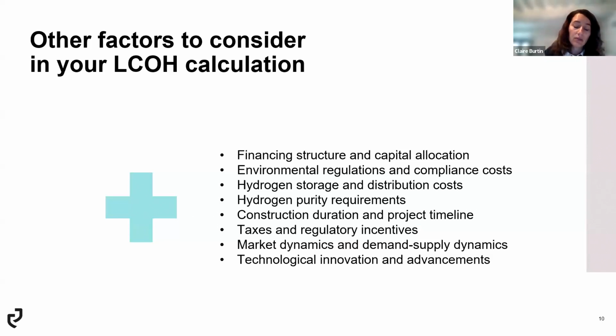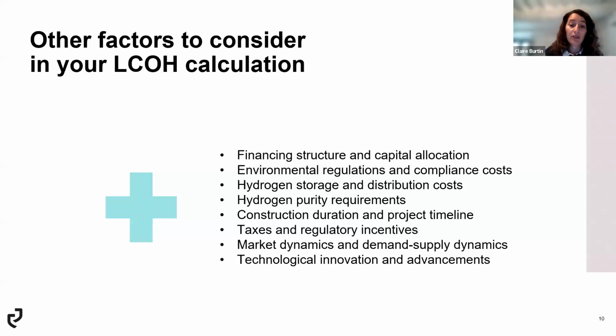Sometimes you will need these factors. You will need to assess if they are going to impact your project enough to make it worth inputting them in your model. For example, financial structure and capital allocation could have a real impact.